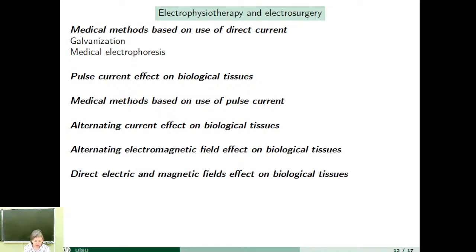The current is applied to a patient with the help of a glass electrode having a very great resistance. When such an electrode is approaching a patient's skin, a spark occurs and the current starts to flow.